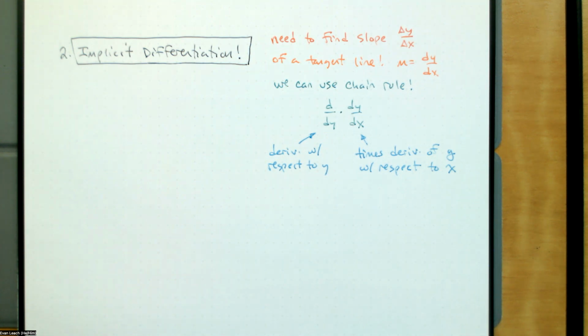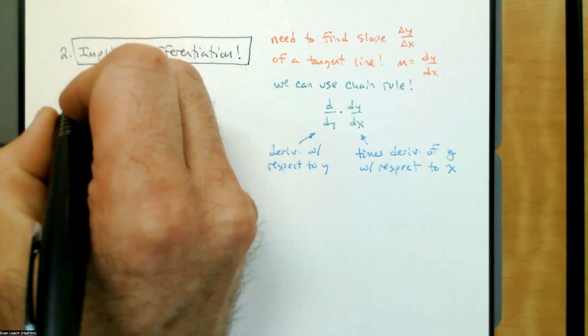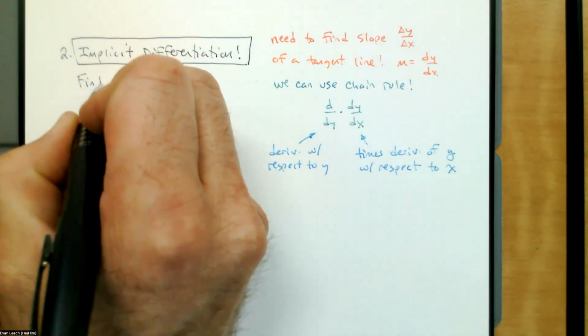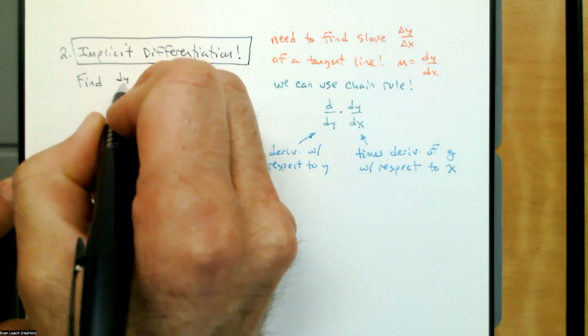So implicit differentiation. This is what we're going to do to find dy dx when y is not a function of x. That's the point of this implicit differentiation business. Find dy dx.